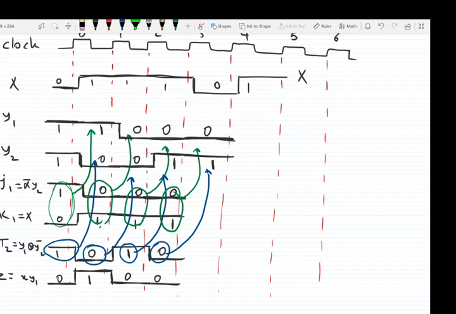Y2 is 1, so X bar Y2 is 1. So J1 at this moment will be switched to 1. What about K1? K1 will be switched to 0 because X is 0. What about T2? T2 of course is 0. And what about Z? Z also is 0.